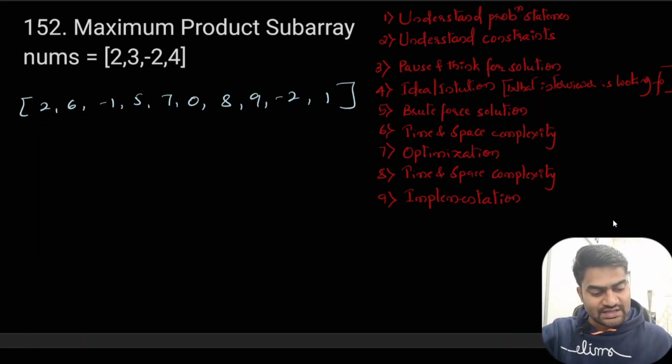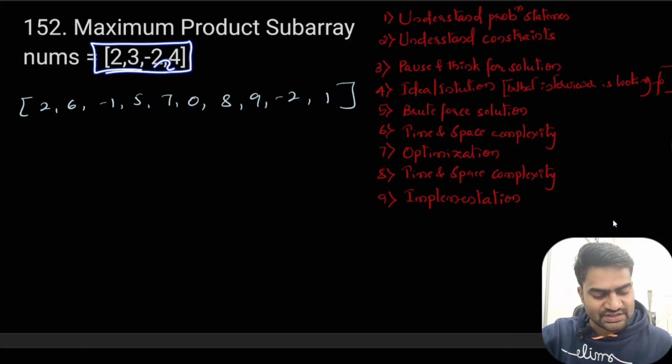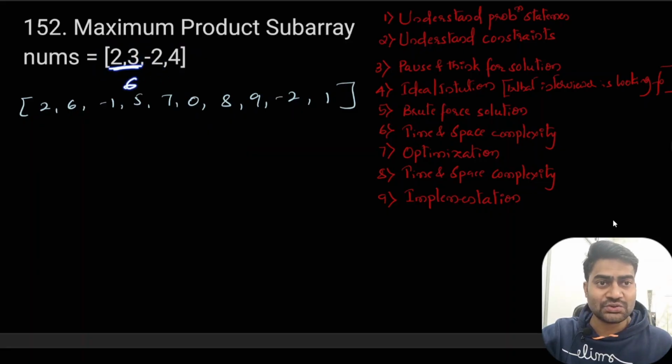With that, we have to find a subarray which gives us the maximum product. Here in this example, 2 into 3 gives 6, which is the maximum product. If we consider 2 into 3 into -2, it will be -12, which is a lower, negative number, so we won't consider that. If we consider 4 as well, it generates a still more negative number, so that cannot be our maximum product.